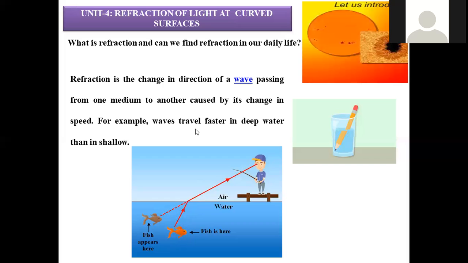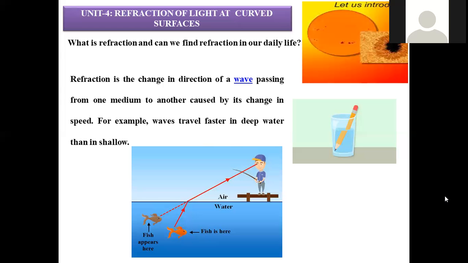So this is another example which we can directly apply in our daily life. Our vision of the eye is purely based on the process of refraction of light only. Because of this refraction, we are able to see the objects present in our surroundings. So these are the daily life applications of refraction of light.